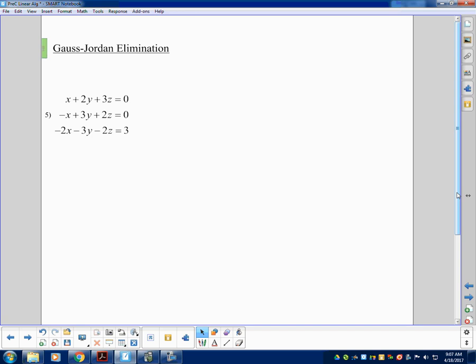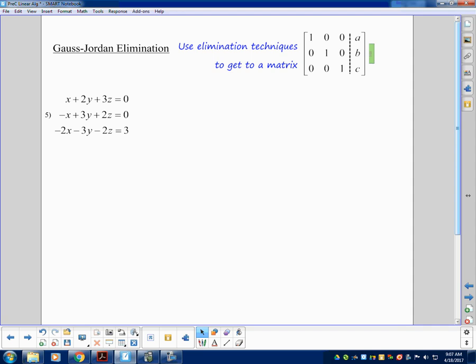Okay? Here's the goal with Gauss-Jordan elimination, and we can shorten it up just a bit. But the goal is to use elimination techniques. What I mean by elimination techniques is multiplying one equation through by one number, another equation through by another, and then adding them together, right? Those are elimination techniques.